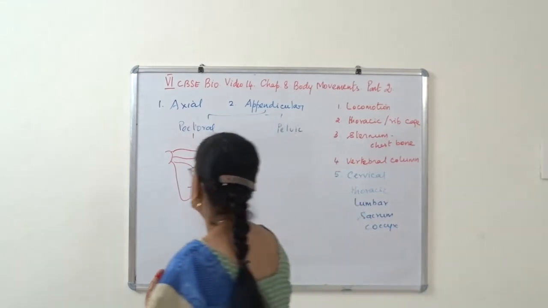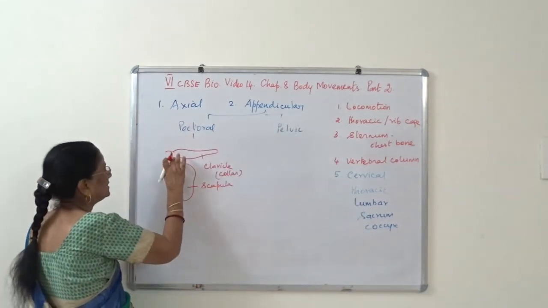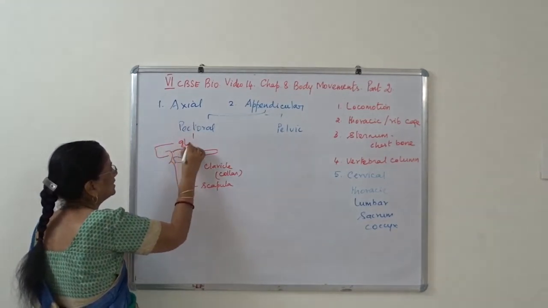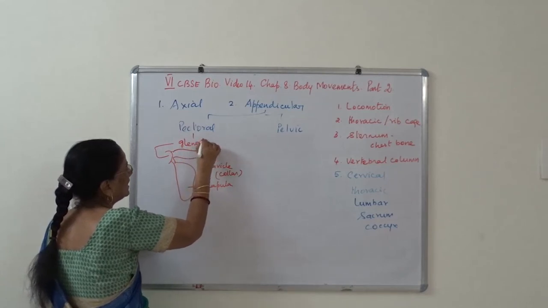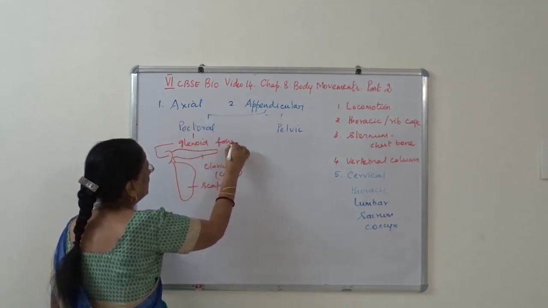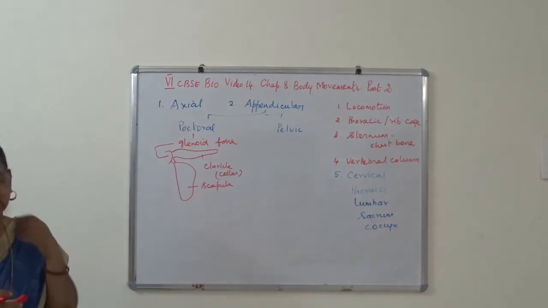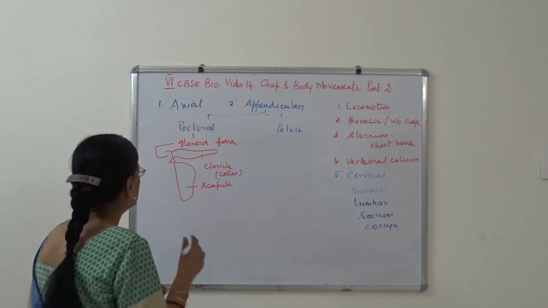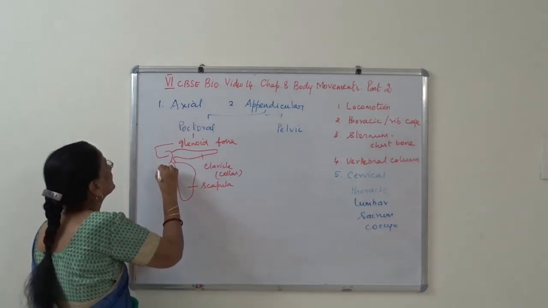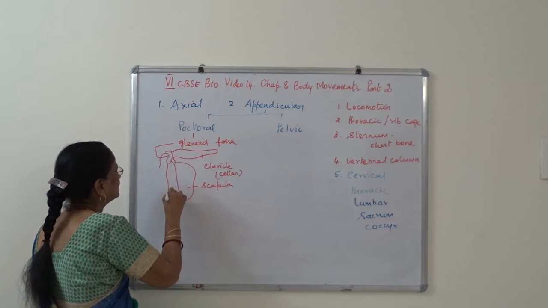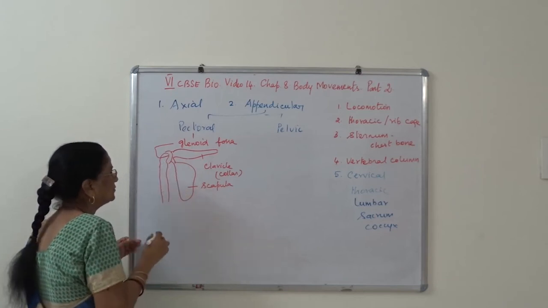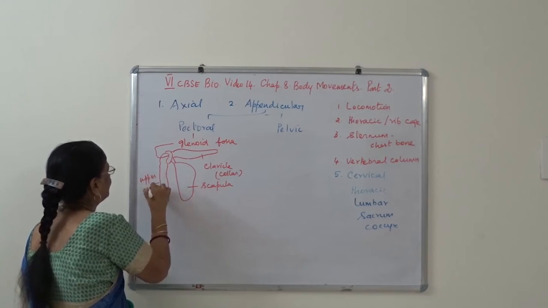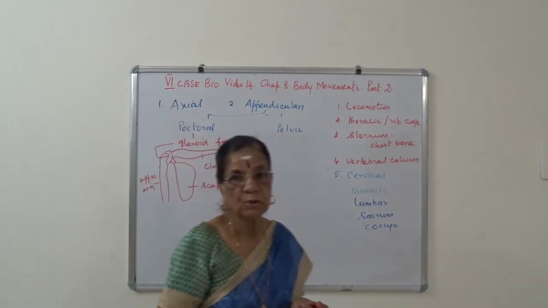And then it has a deep cavity that is called the glenoid cavity or glenoid fossa, into which the upper arm is fitting in. I hope you follow this.